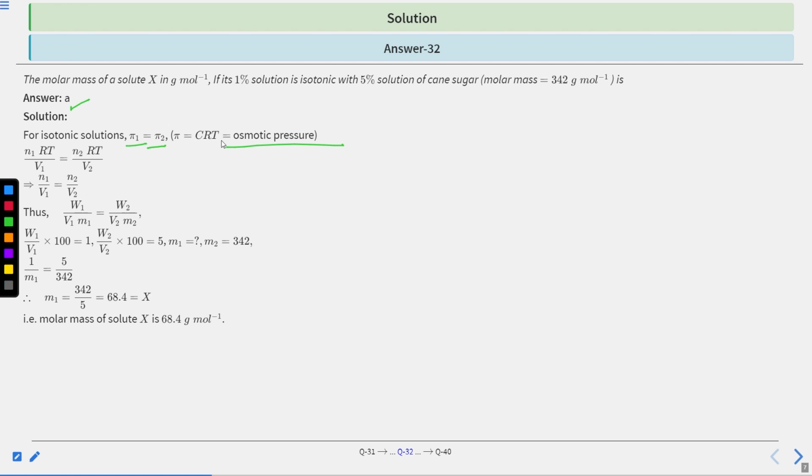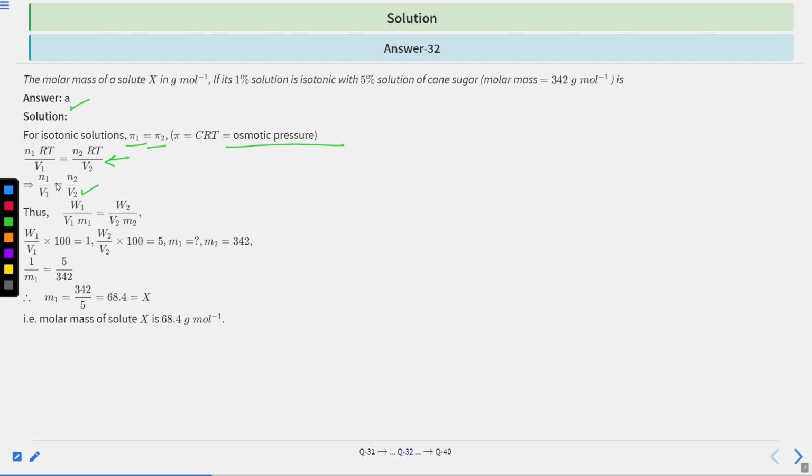C is concentration, which equals the number of moles divided by volume. On equating the relations, RT cancels out because both are constant, and we have n1 by V1 equals n2 by V2.